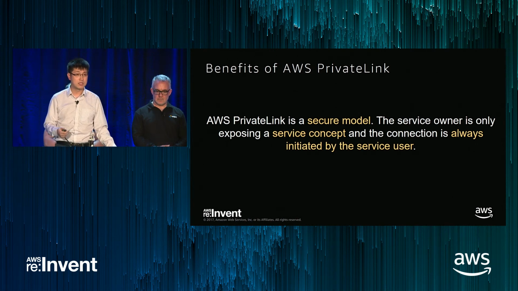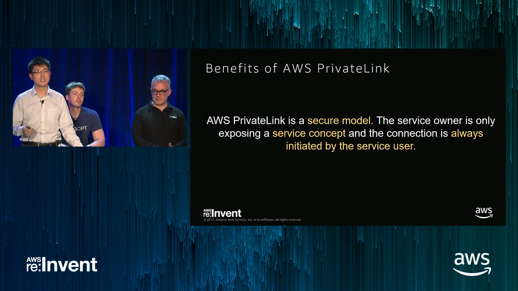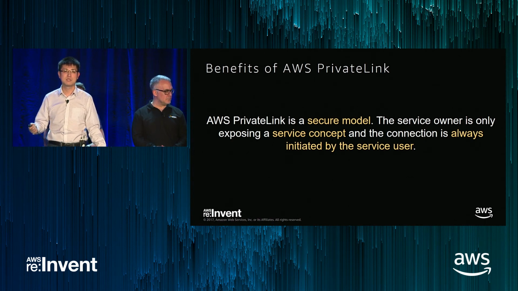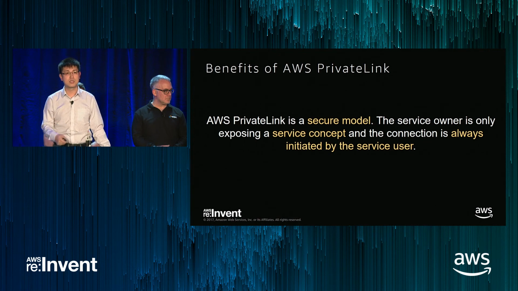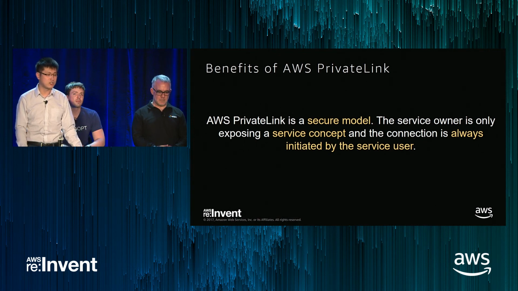On the client side, you only create endpoints, and only you can initiate the traffic to connect to the service. The service will only respond to your traffic, so you don't have to worry about the service arbitrarily reaching out to resources in your VPC. In that model, the client always initiates the connection to the service provider.